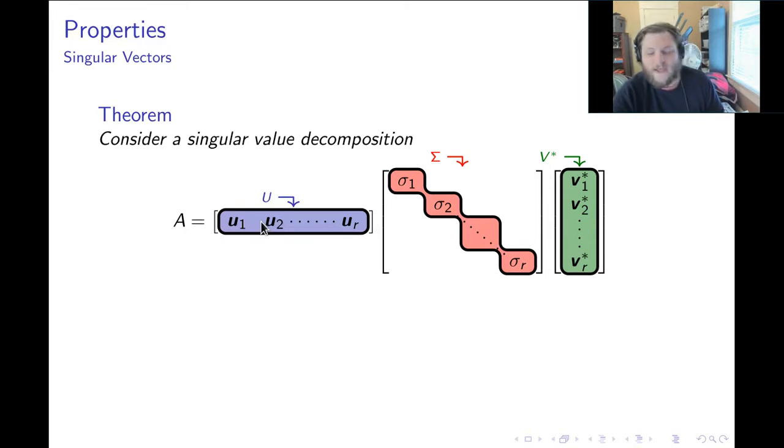What we're doing in this setup here is we're labeling the columns of U as U1 through UR, and labeling the rows of V conjugate transpose as V1 through VR.